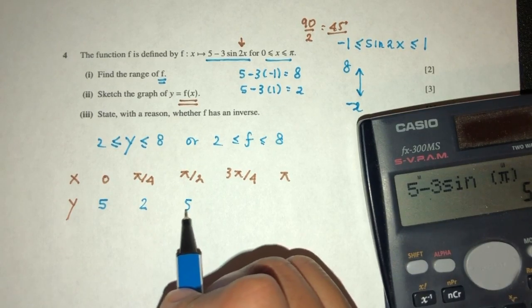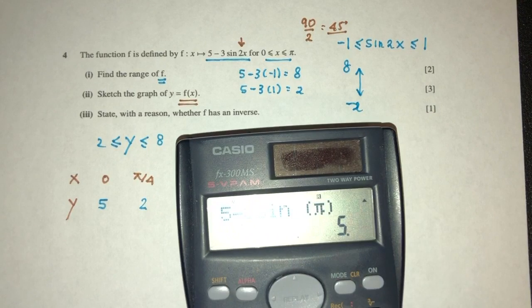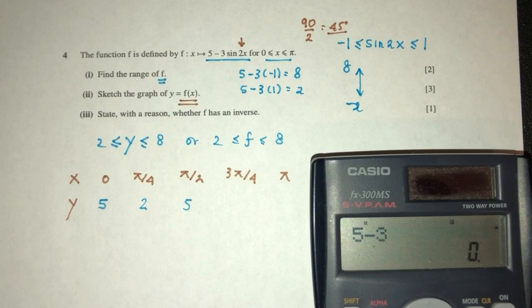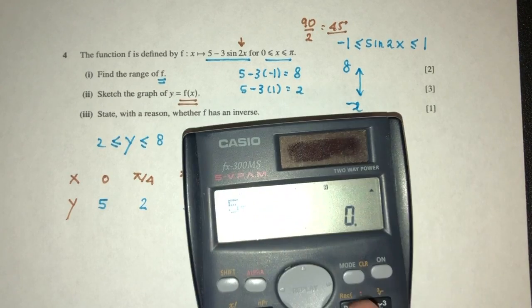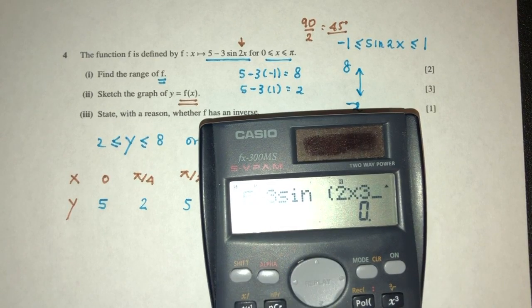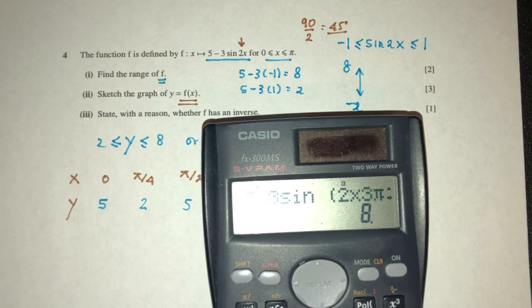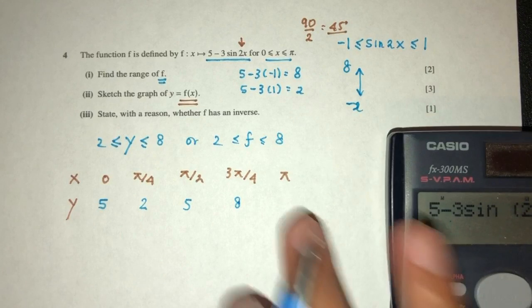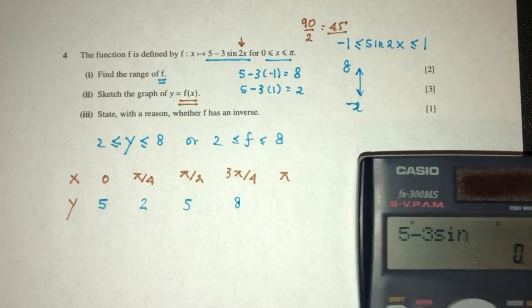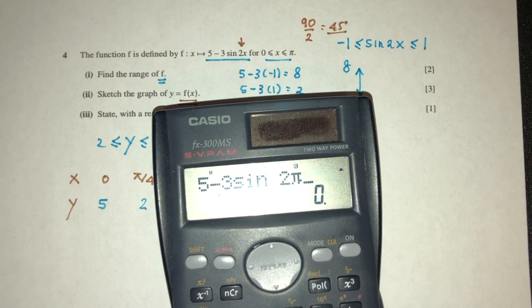That'll be 5 again. And here we have 3 pi, 5 minus 3 sine 2 times the value of 3 pi over 4. That should be 8. And finally here we have pi, 5 minus 3 sine of 2 pi. That is 5.